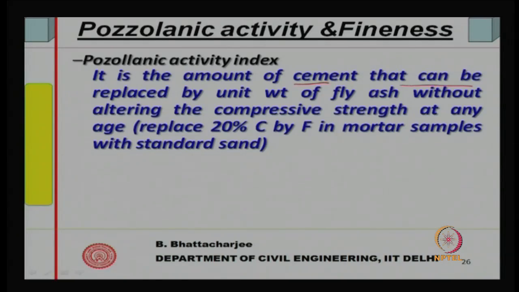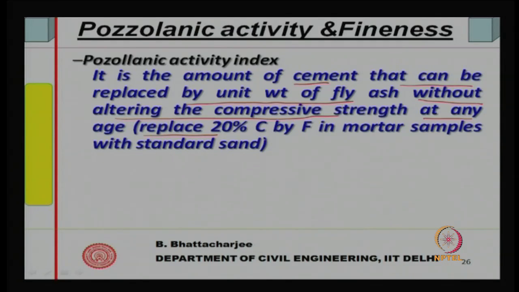It is the amount of cement that can be replaced by unit weight of fly ash without altering the compressive strength at any age. So, let us say replace 20% cement by fly ash in mortar samples with standard sand. That is how we define it.